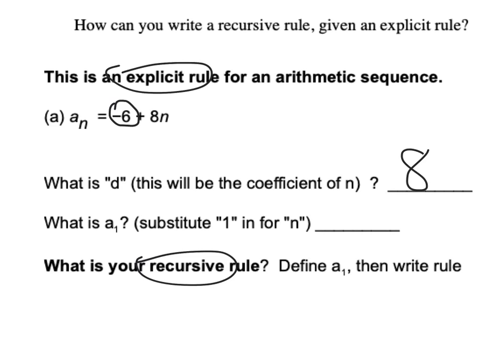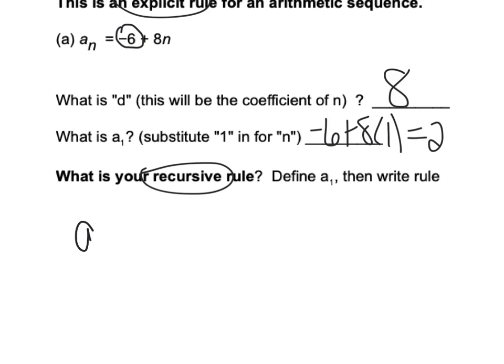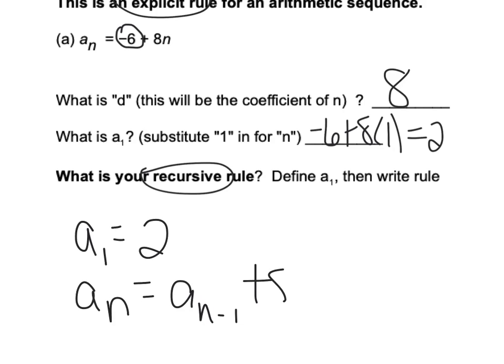And our a sub 1, our first term in the sequence, is when n equals 1. So it'd be -6 plus 8 times 1, which is 2. So when you go to write your recursive rule, first things first, we define a sub 1 equals 2, and then our a sub n is, we take a sub n minus 1, and we add 8.